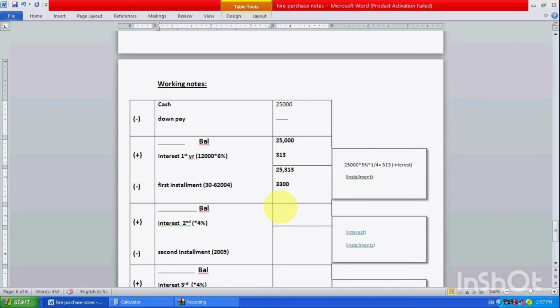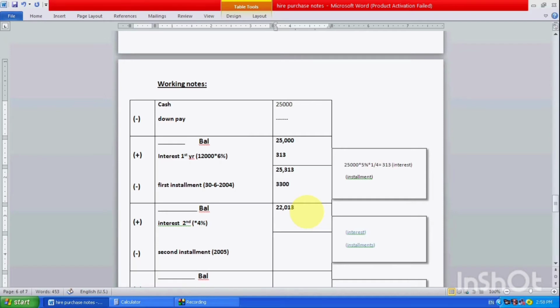And here 30 June, from 1st April to 30 June. First installment 3,300. 25,313 minus 3,300, we will get 22,013 only.